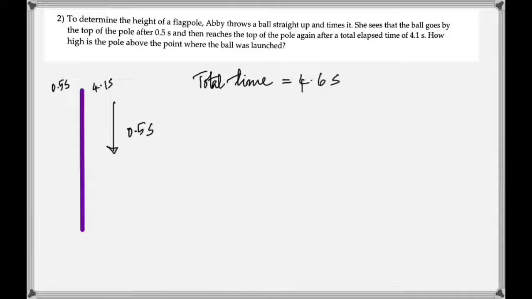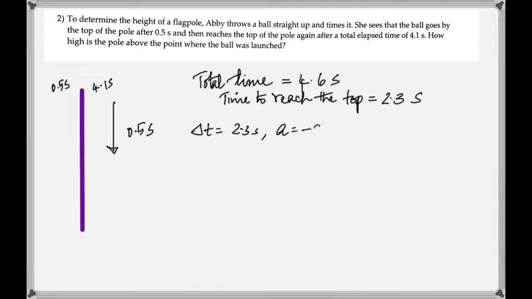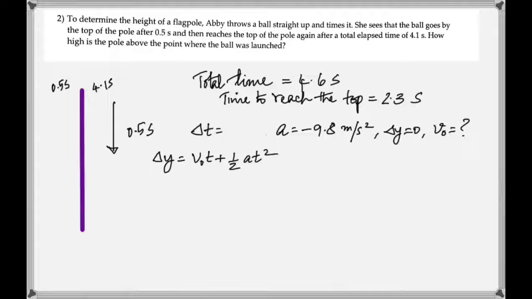And therefore the time taken for it to reach the top of its journey, not the top of the pole, but the top of the path, is going to be half of this, which will be 2.3 seconds, right? I'm just saying that. So we will, no, let's use the total time taken, 4.6 seconds.